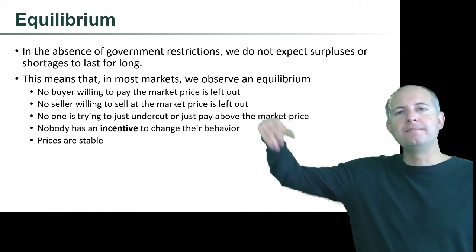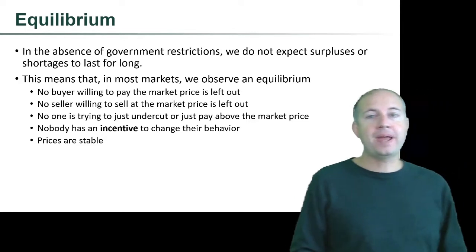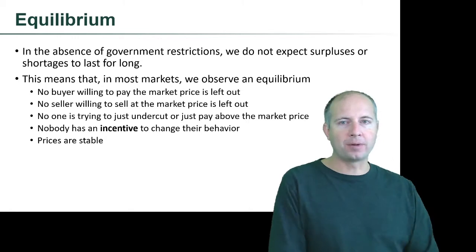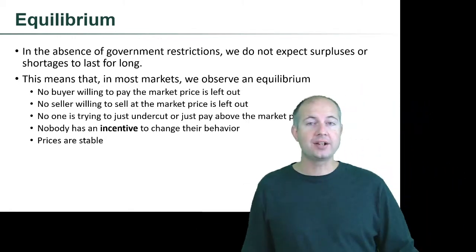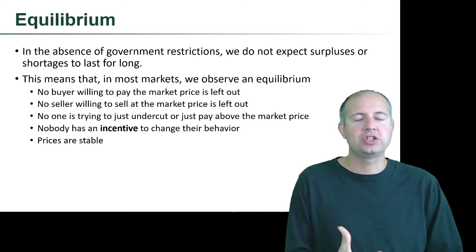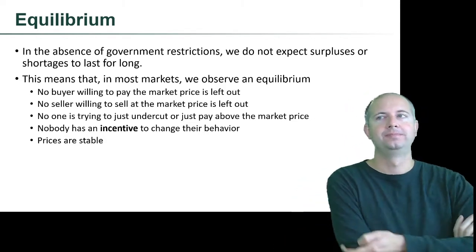So that means in most markets we observe an equilibrium. No buyer willing to pay the market price is left out. No seller willing to sell at the market price is left out. There is no one trying to just undercut or just pay above the market price. Nobody has an incentive to change their behavior. That's an equilibrium. So prices are stable.